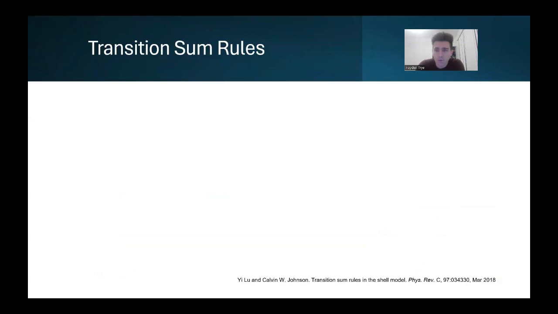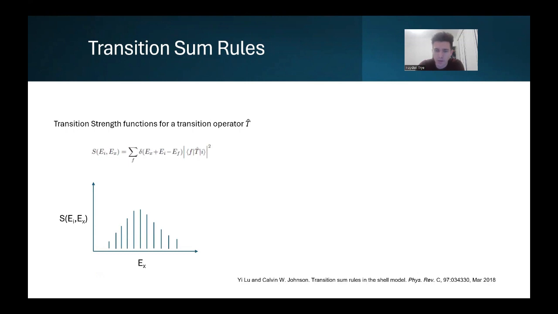What we want to do is compute transition sum rules using the no-core shell model. A sum rule comes from something called a strength function. A strength function is simply the probability amplitude of a transition occurring between initial and final states. We have our discrete energy basis here, and the strength functions themselves show fairly smooth behavior.